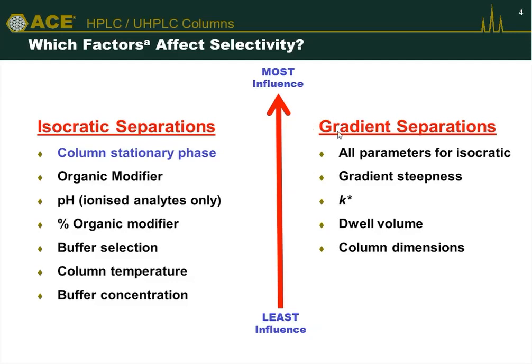Now in gradient separations, of course, we have to consider all of these parameters too, but we also have some other parameters such as the gradient steepness, the apparent K, dwell volume and column dimensions to also think about when we're developing our methods. But all of these things that I've listed on the slide here, column stationary phase, still floats somewhere near the top as being one of the most important ways that you can affect selectivity.